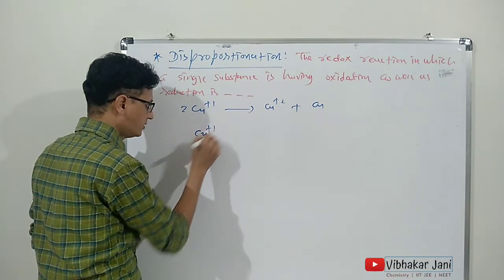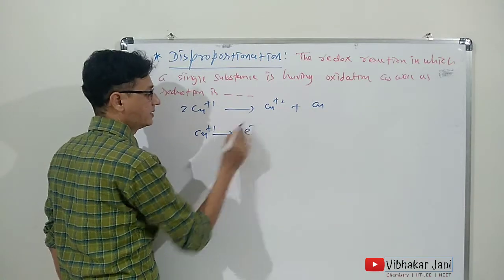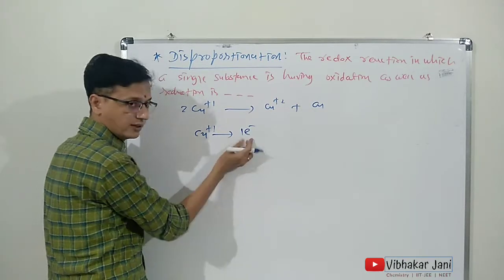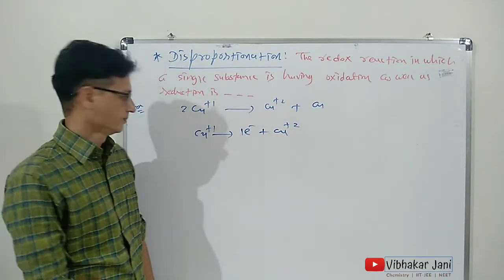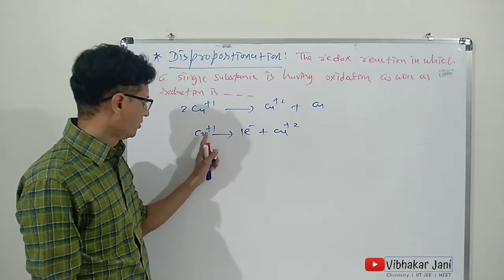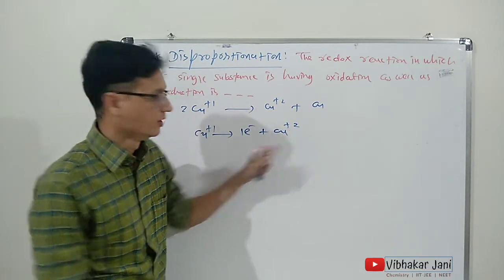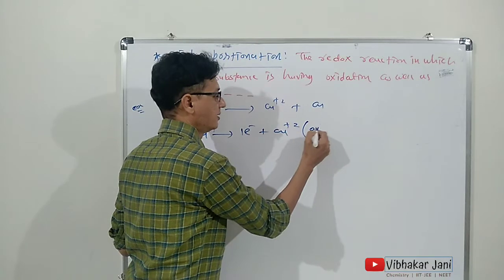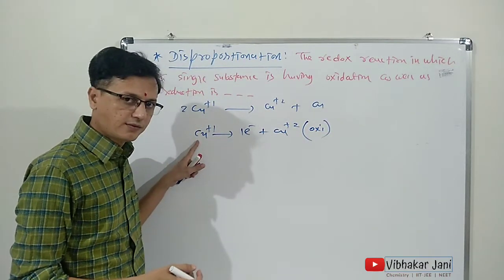If 1 Cu+ ion donates 1 electron, that means it loses 1 electron, then it will be converted into Cu2+. In this reaction the oxidation number of Cu+ is increased to Cu2+. An increase in oxidation number is known as oxidation half reaction. So this is our oxidation half reaction.